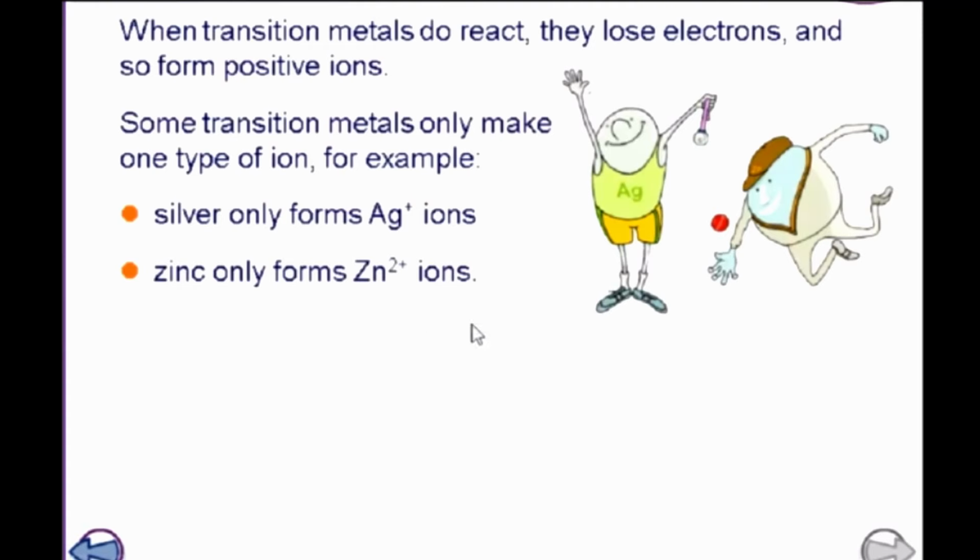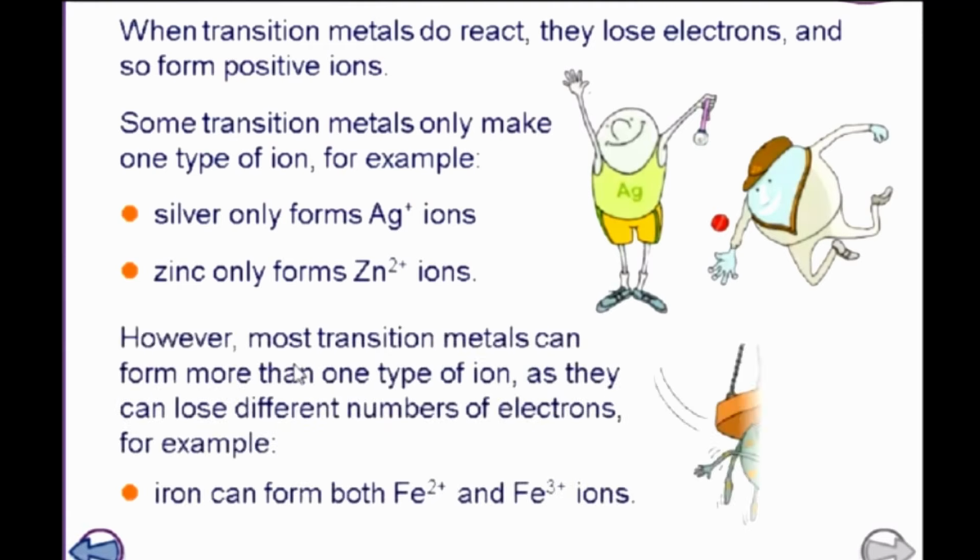Zinc will make Zn2+. But most transition metals can form more than one type of ion, as they can lose different numbers of electrons. For example, iron has two valencies: one is Fe2+ and the other one is Fe3+.